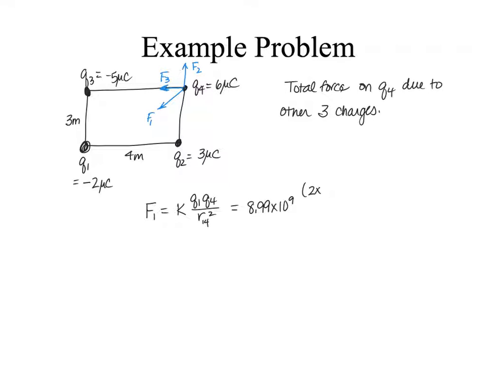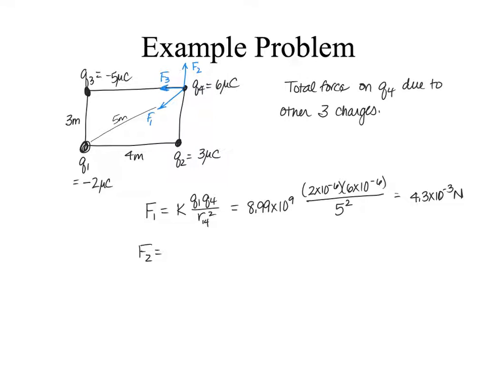So I have 2 times 10 to the minus 6 times 6 times 10 to the minus 6, divided by, now this is actually going to form a 3, 4, 5 triangle, and so the diagonal of this rectangle is going to be 5 meters. When I do the calculation, this ends up to be 4.3 times 10 to the minus 3 newtons.